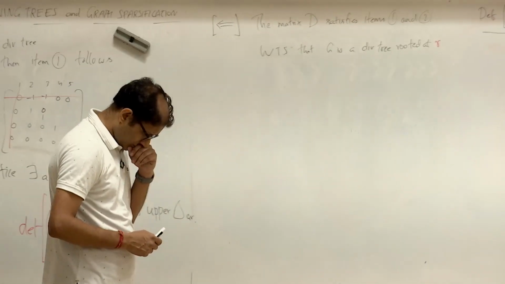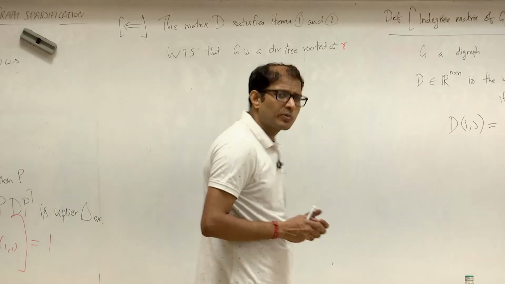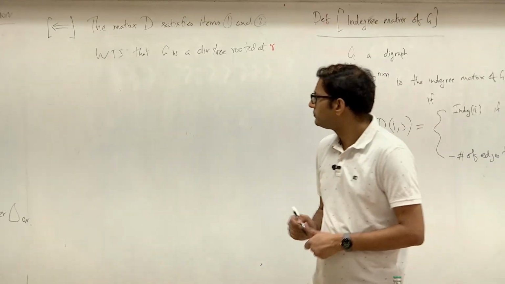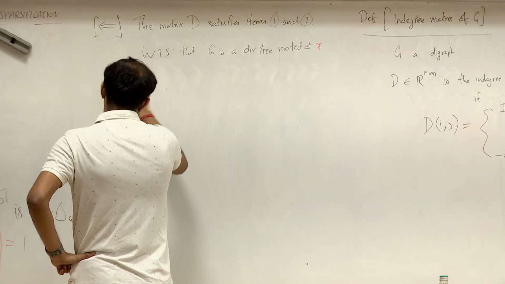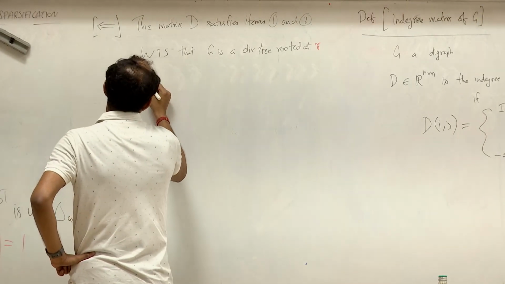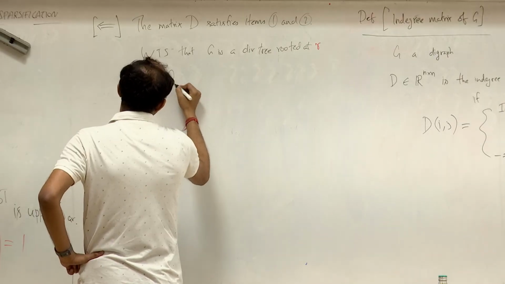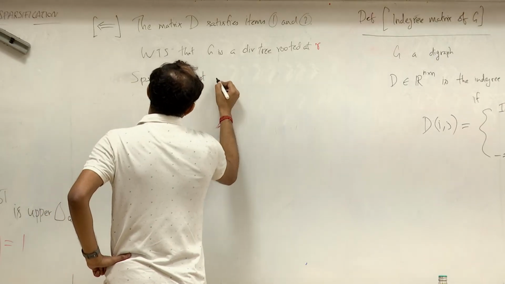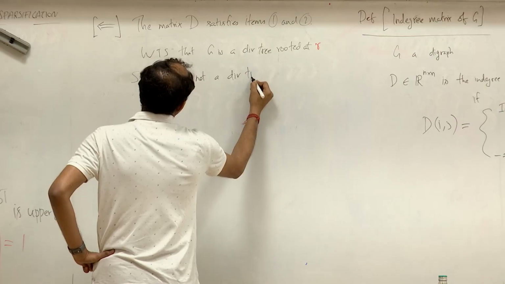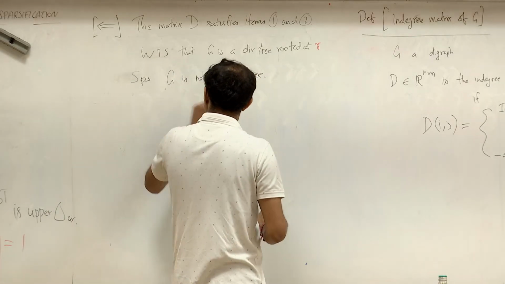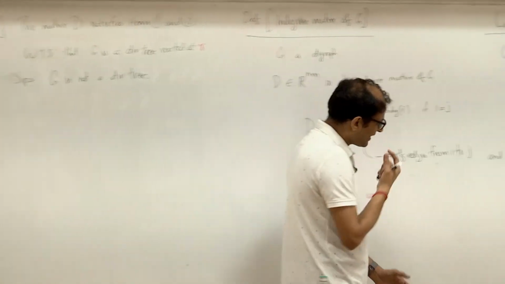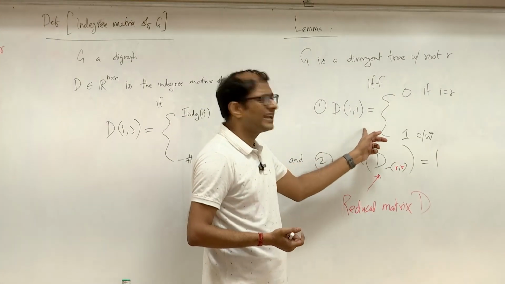Okay. So the idea is to proceed by contradiction. So suppose not. Suppose G is not a divergent tree, but I know something. What I know is that everybody has in degree 1, right?